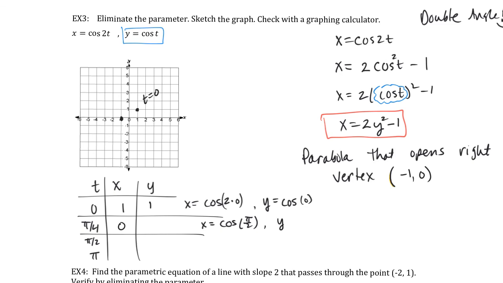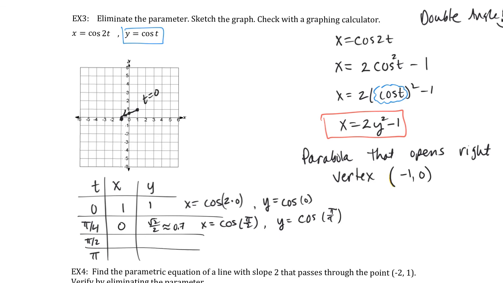Now for our y, we have cosine of just the angle, pi over 4, and that is square root of 2 over 2, approximately 0.7. So this is drawing to the left.